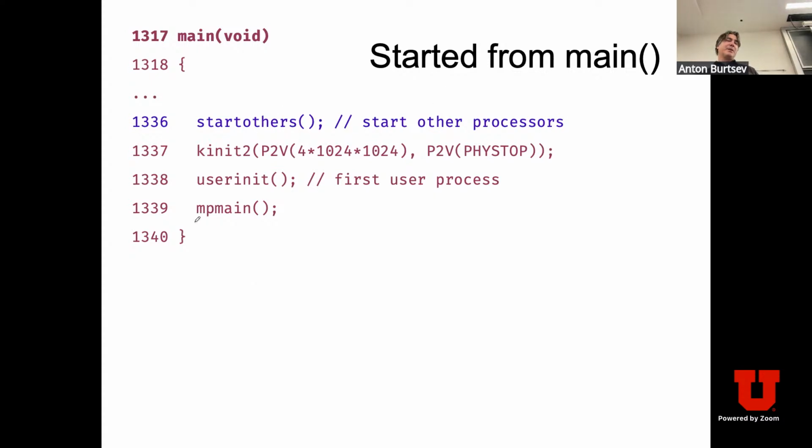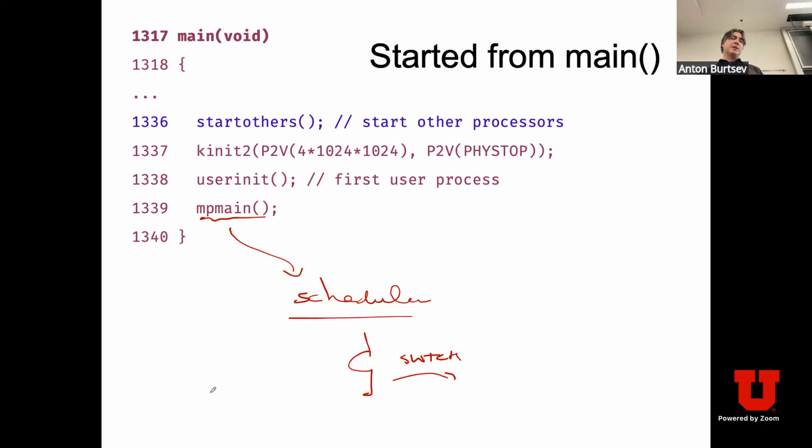We said we end up here, MP main enters the scheduler, and scheduler does context switches and stuff like that. But before entering the scheduler on this very first CPU core, x86 invokes this function, start others. And this function wakes up other CPUs.